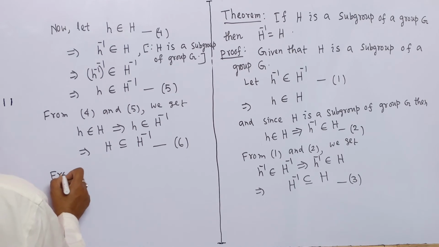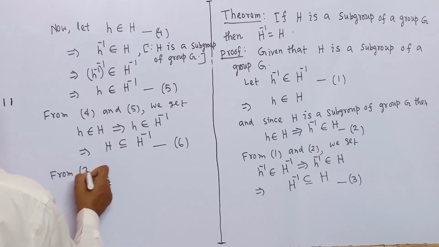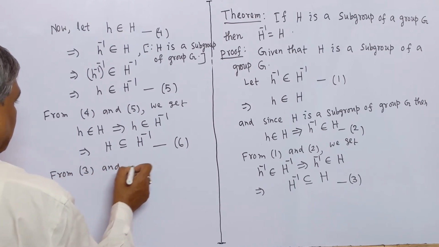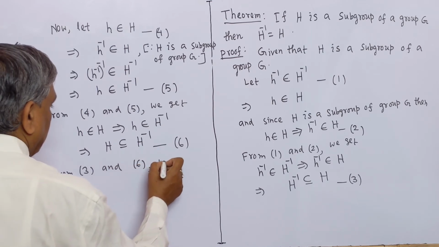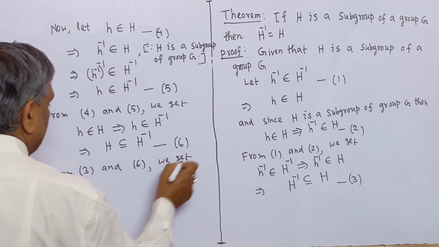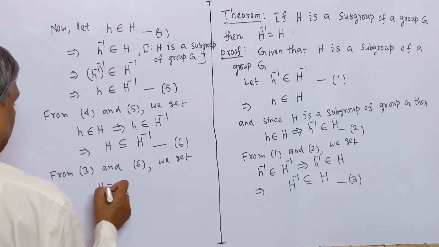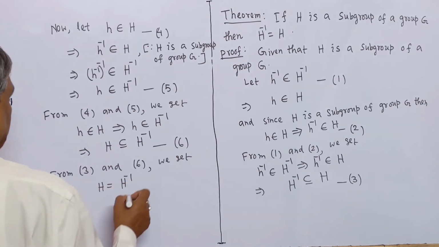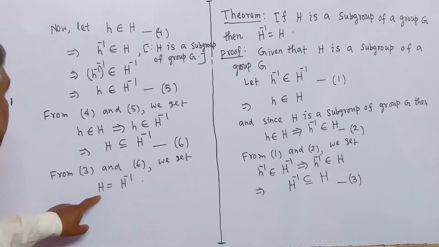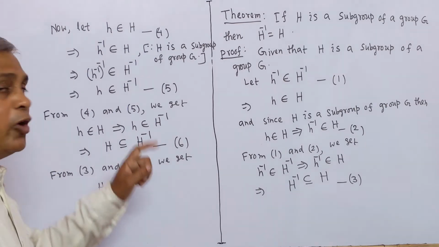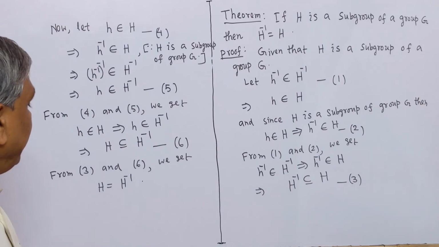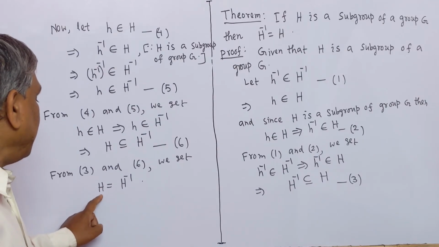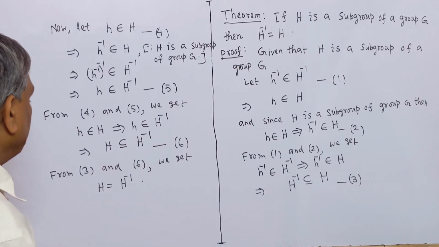From 3 and 6 we get H equal to H inverse. Therefore, if H is a subgroup of group G, then H equals H inverse. Proved.